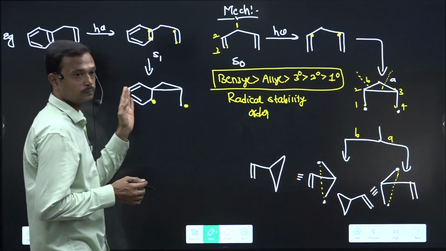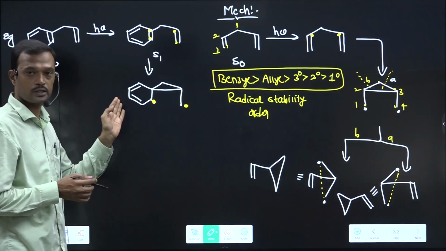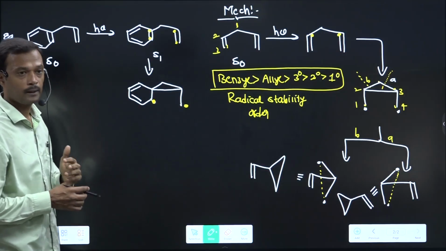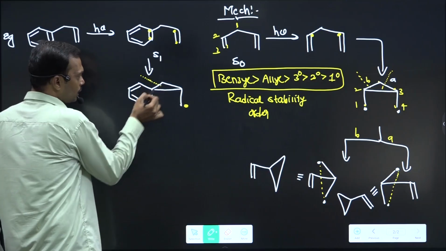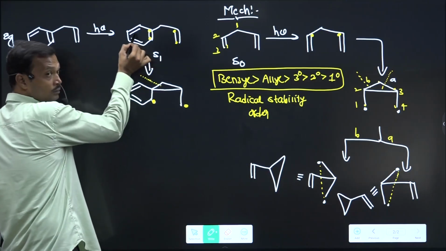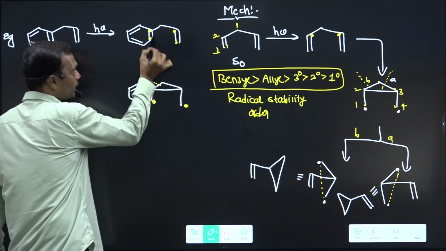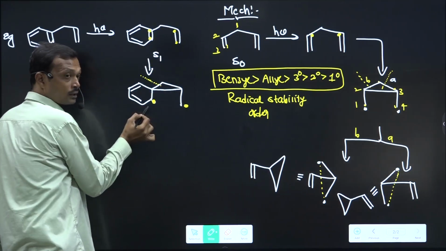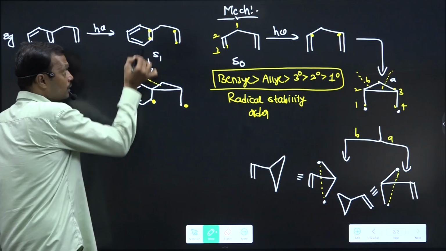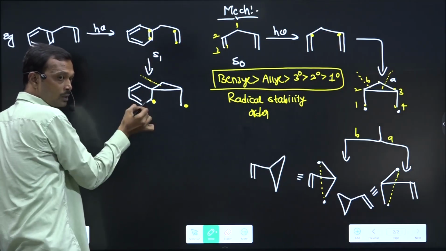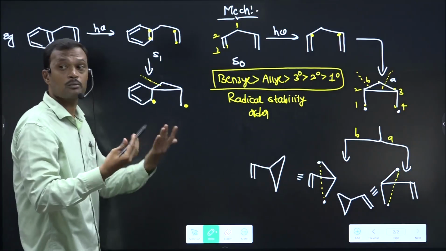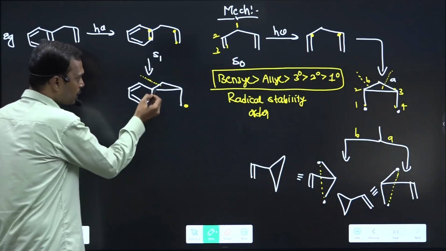Why? I am breaking the left side because initially this is aromatic or not? After combining two inner radicals, you get non-aromaticity. Stable to unstable or unstable to stable? Stable to unstable. An unstable molecule wants to attain aromaticity. So that's why I want to break here only.